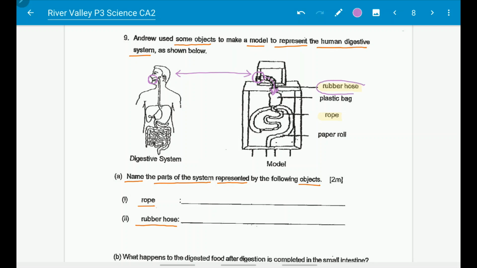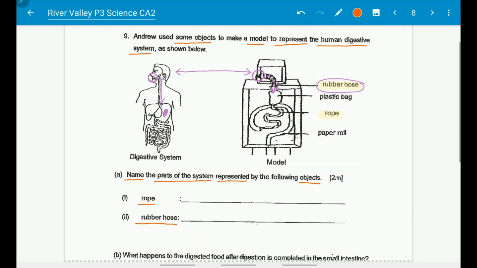After food enters the mouth, where does it go? Does it go straight into the stomach? It doesn't. It travels down this tube here before it reaches the stomach. So this tube is represented by the rubber hose in his model. Can you remember the name of this tube?